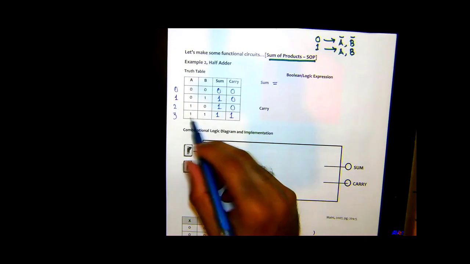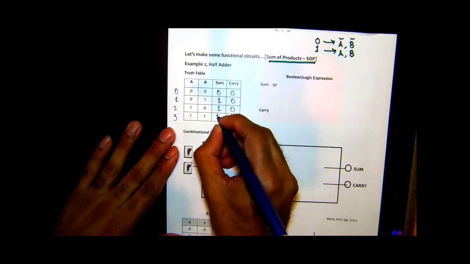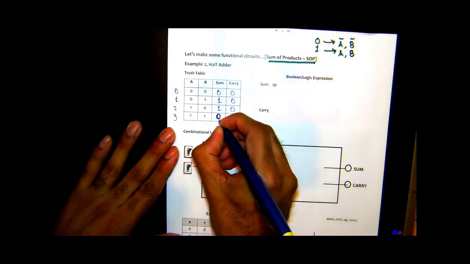We look at ones. Is it the sum of 1, 0 and 0, 1? Yeah, that is right. Thank you.